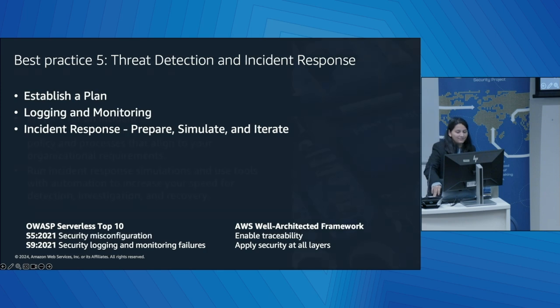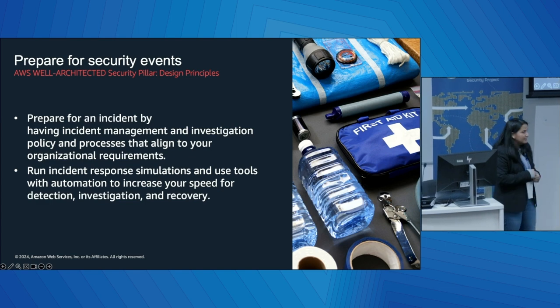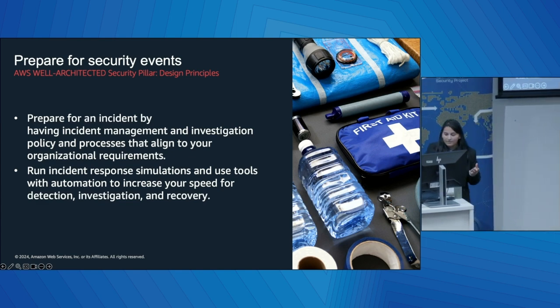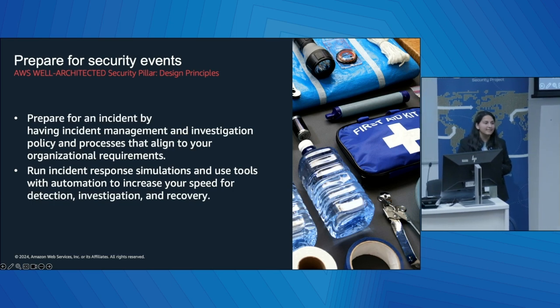And then they started thinking, okay, I need to put an incident response plan in place. I need to have some controls where, by doing drills, like a fire drill we used to have in our offices.